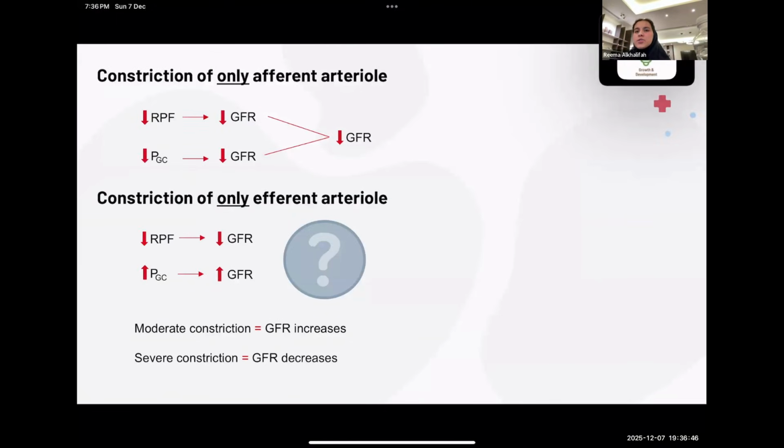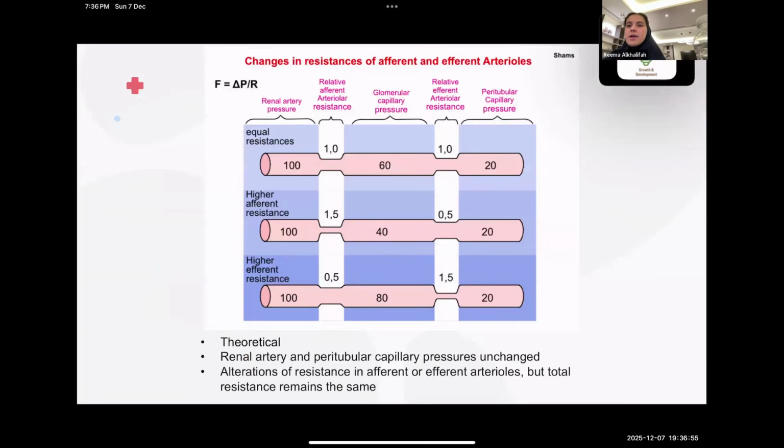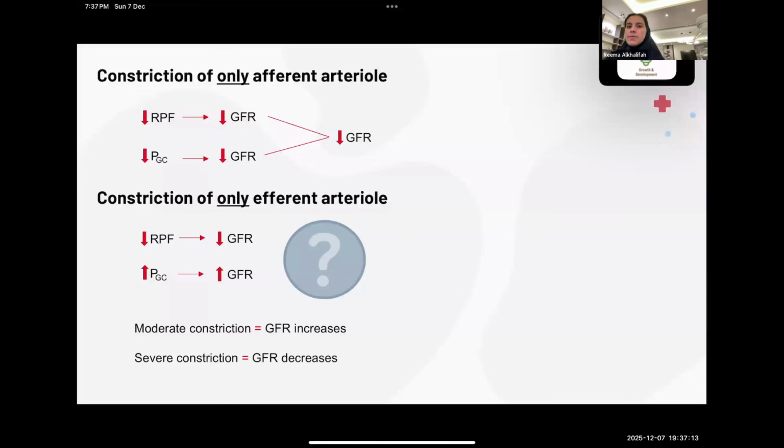Now, what if we constrict one of the two arterioles? We're going to start with the afferent arteriole, okay? If we constrict the afferent arteriole, as we said, less blood is going through, so the renal plasma flow is less. Plus, the hydrostatic pressure is also going to decrease. Why? Because the hydrostatic pressure is dependent on the fluid. Now, if less fluid is going in, less hydrostatic pressure is going to be in the glomerular capillary.